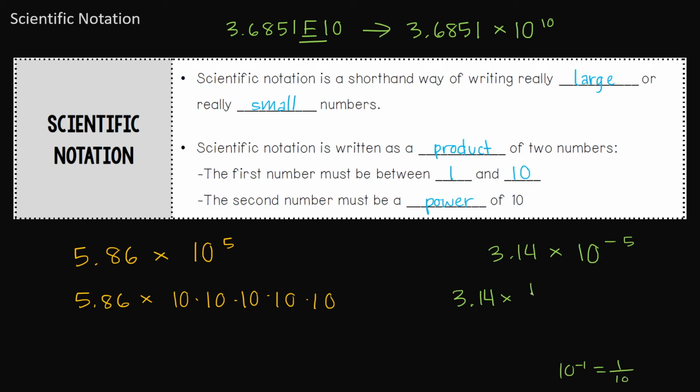So this would be times 1/10 times 1/10 times 1/10 times 1/10 times 1/10. So really, we're dividing 3.14 by 10 5 times. So that's going to be a very small number. The decimal is going to move to the left. There's going to be a lot of zeros and make it a very small decimal.